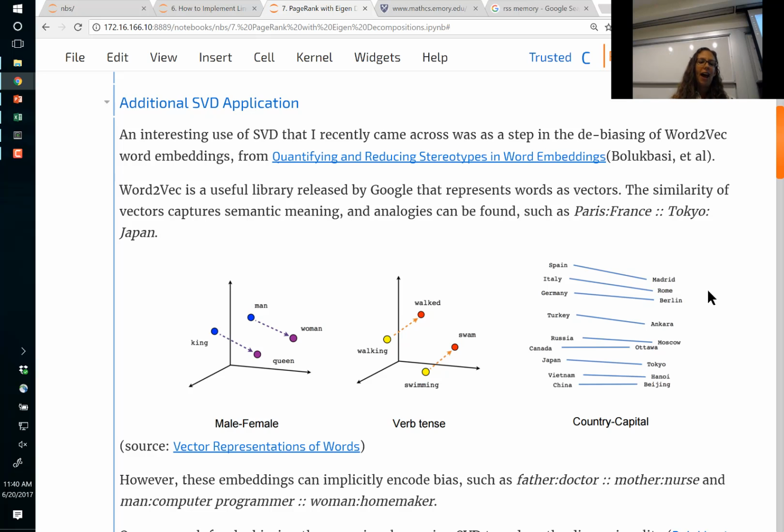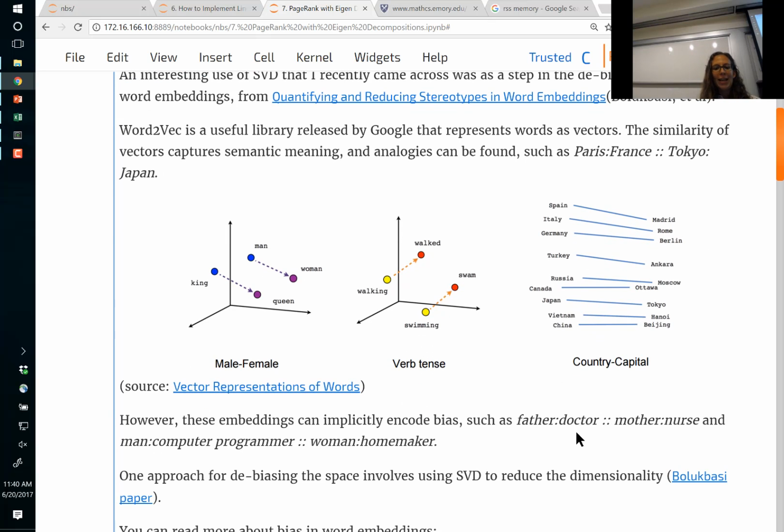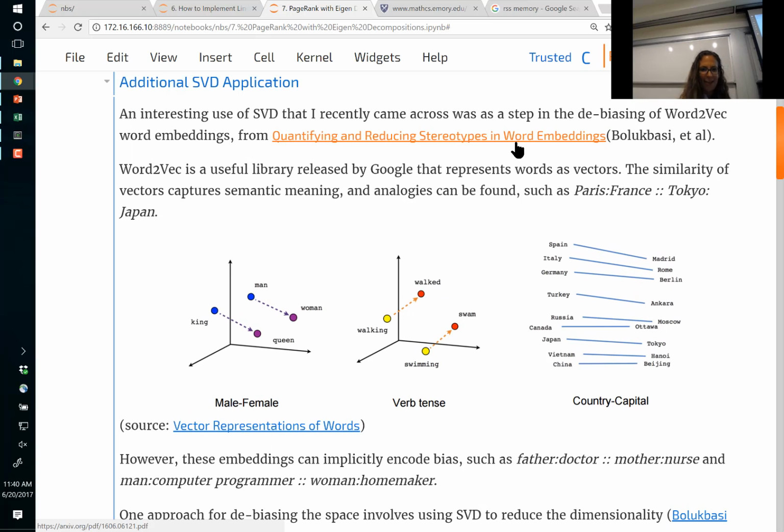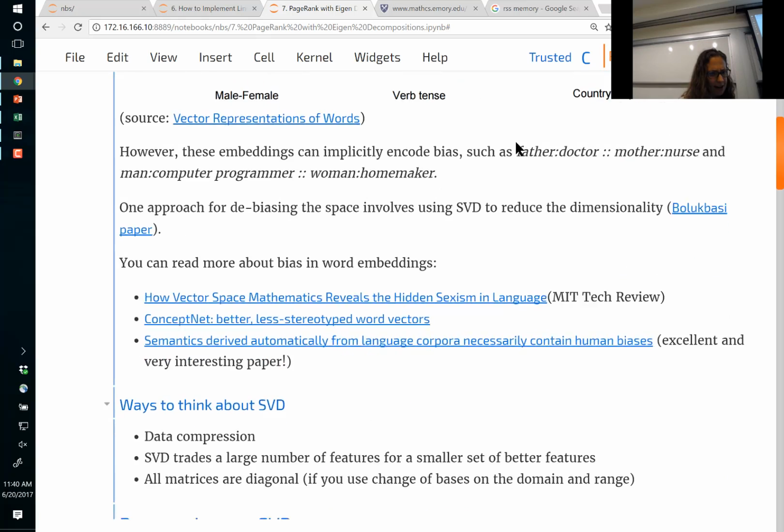But they also have been found to have biased analogies, such as father is to doctor, as mother is to nurse, or man is to computer programmer, as woman is to homemaker. So there's been work done around how you can remove this bias. I was reading a paper on it, and they used SVD as part of their debiasing process. So I thought that was pretty neat, a relevant application of SVD. I just wanted to highlight that.